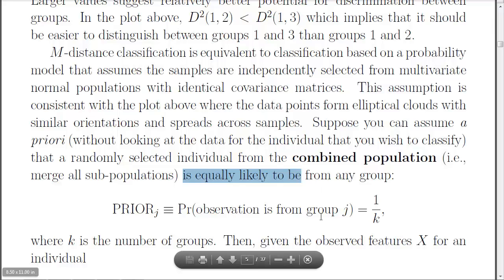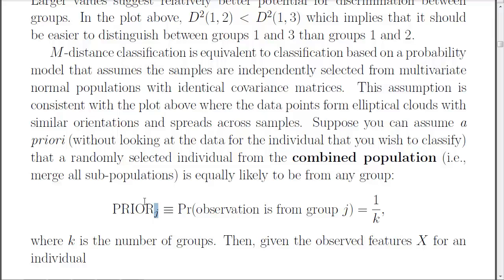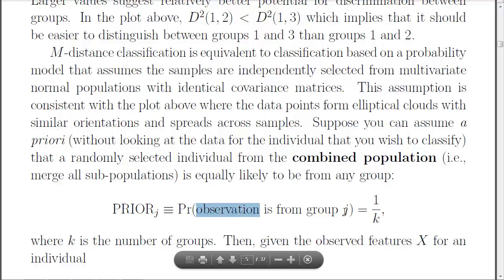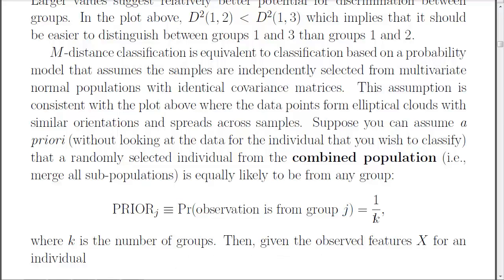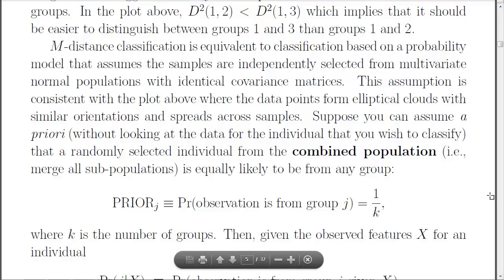So one way of specifying that is our prior probability of that observation being from group j. So that's the notation I'm using here. In long notation, I'm saying the probability that the observation is from group j is 1 over K, K being the number of groups. So in the Fisher iris data, we had 3 groups, the Setosa, versicolor, and virginica flowers. So this is just saying the probability that it belongs to Setosa is 1/3, probability it's virginica 1/3.